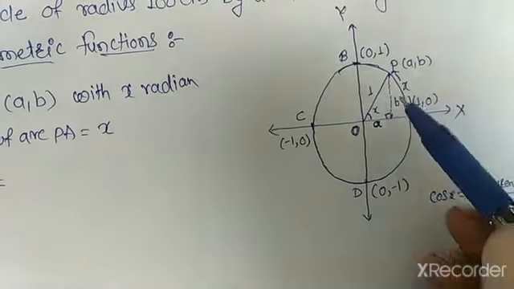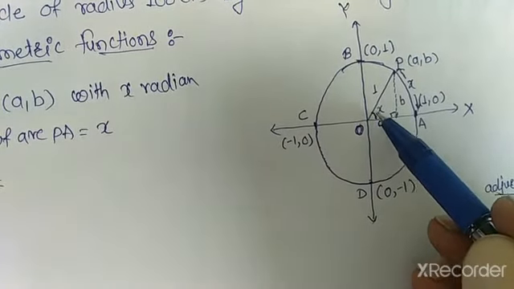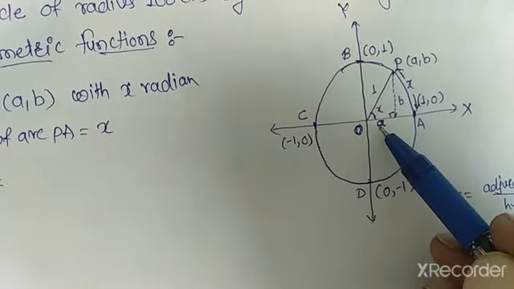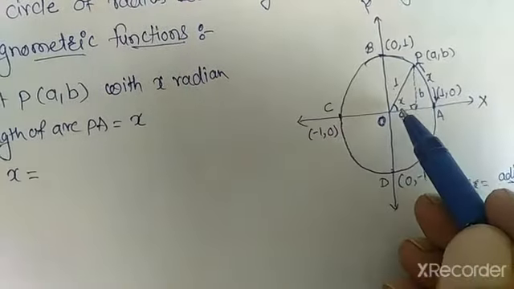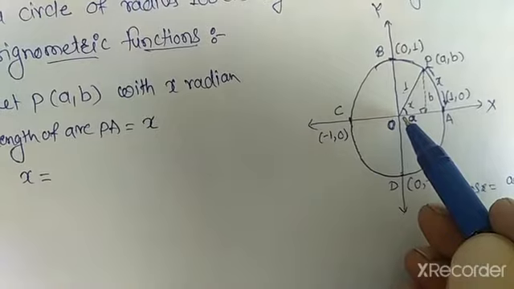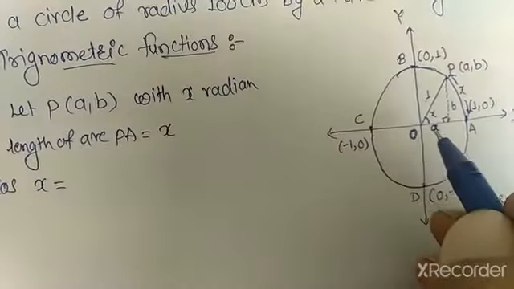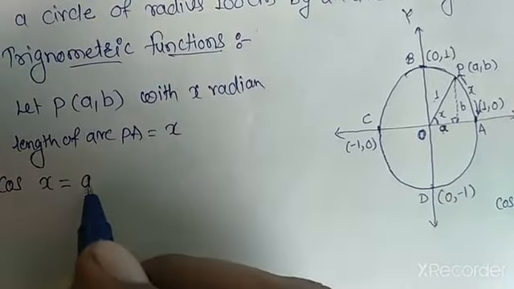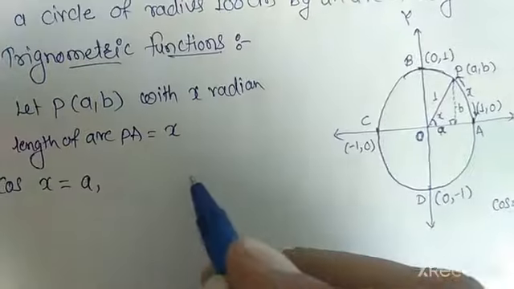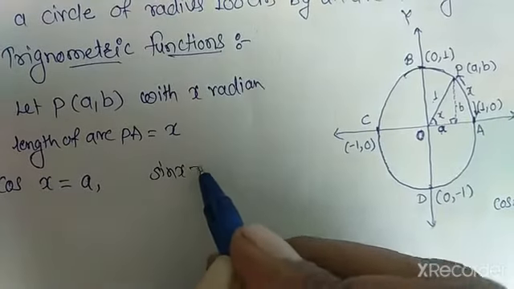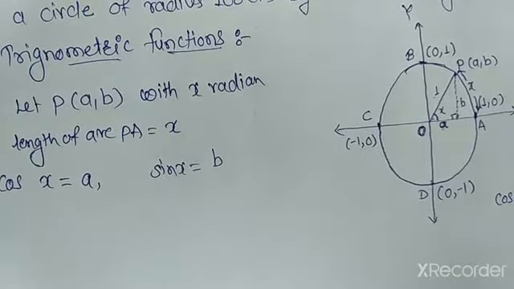Here it is a right angle triangle with angle theta, its adjacent side is a and hypotenuse is 1. So cos x is equal to a upon 1, which is equal to a, and sin x is the opposite side b upon hypotenuse, which is b upon 1, which gives us b.